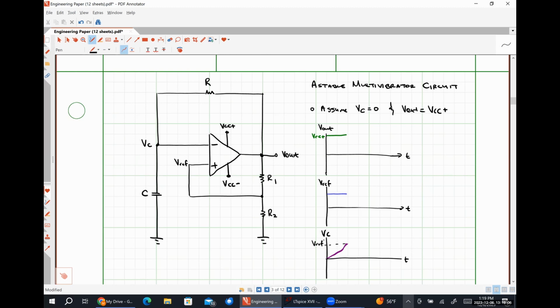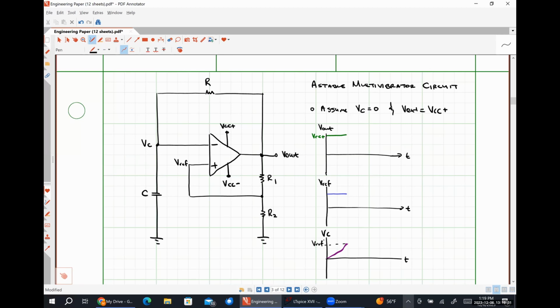So what does it mean that our capacitor voltage and our reference voltage are equal? Our differential voltage is now 0, which means our output voltage can't be VCC plus anymore. So this is going to be the condition that causes our system to change states.